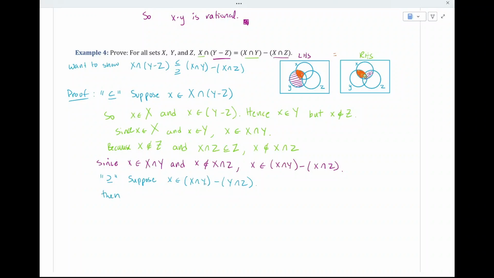So if it's an element of something minus something else, then little x is an element of X intersect Y, but it is not an element of X intersect Z. Since x is in X intersect Y, that must mean it's in X and it's in Y.